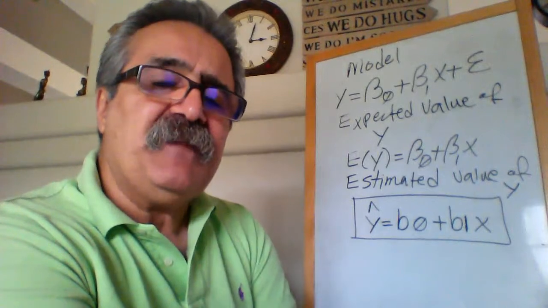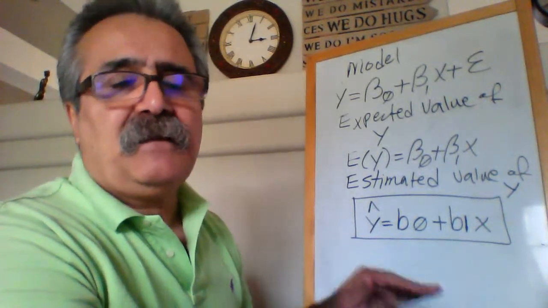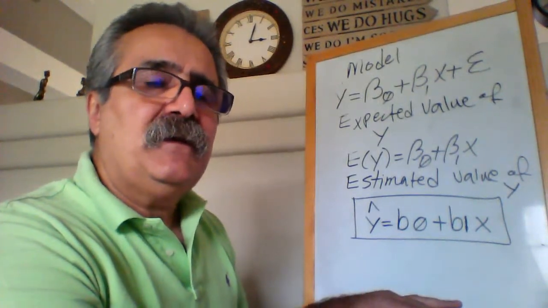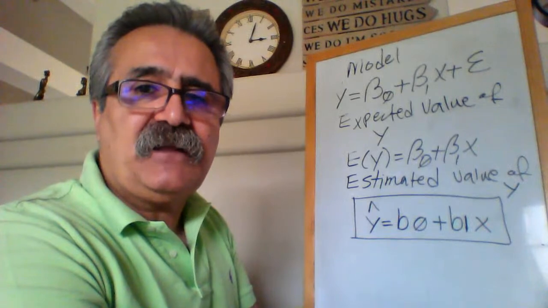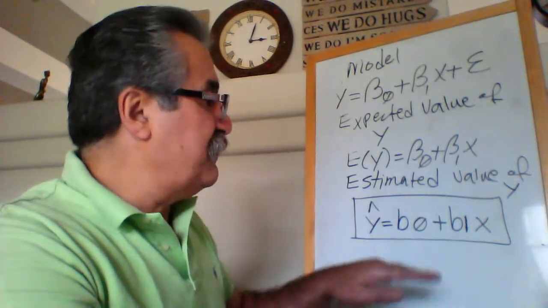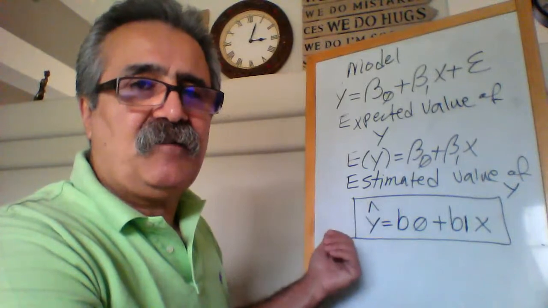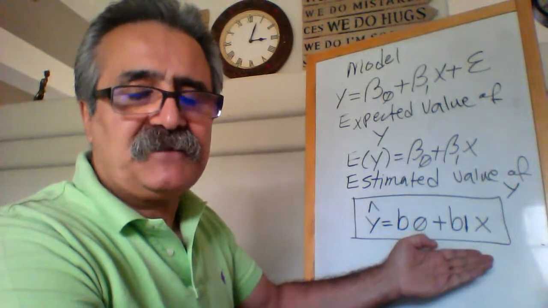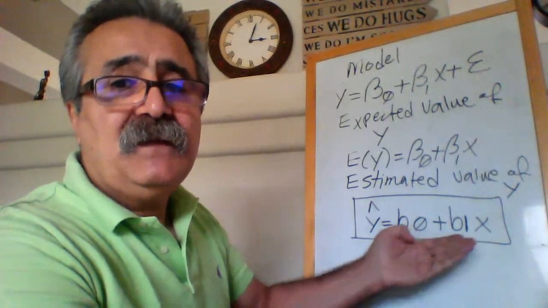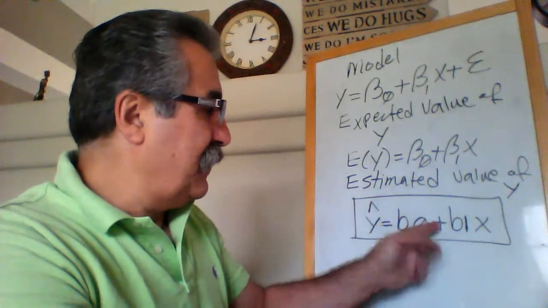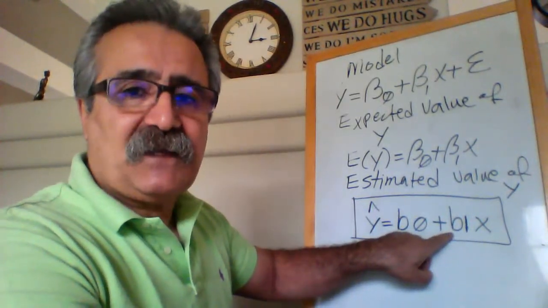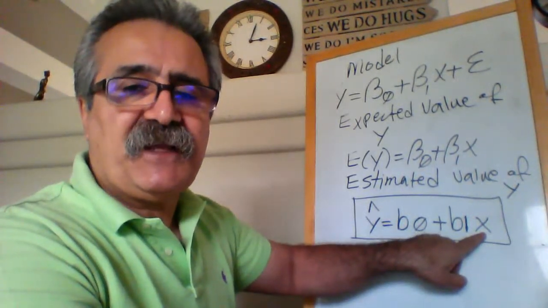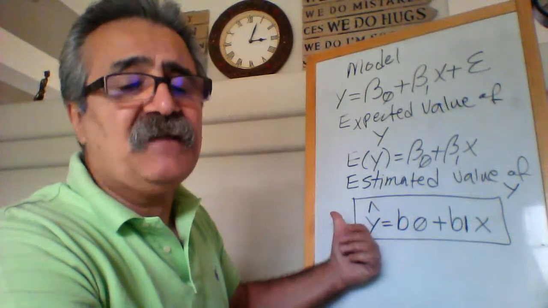Positive relationship means for any increment or decrement in one variable, you will see the same thing in the other variable. For example, if the value of x is increasing, so does the value of y. If the value of y is decreasing, so does the value of x. This is called positive relationship. The negative relationship is when b1 comes out negative, and when one variable is increasing, the other one is decreasing, and vice versa.